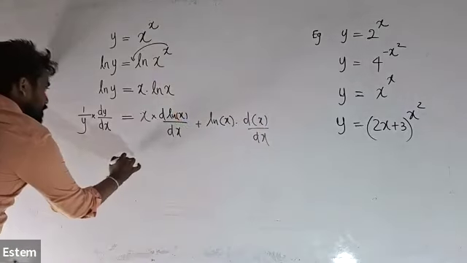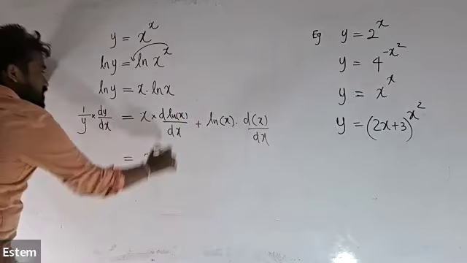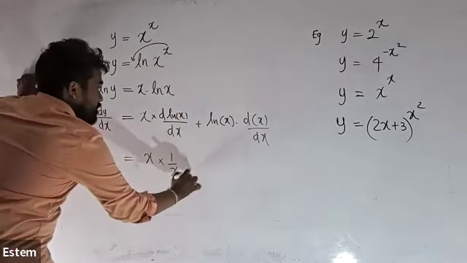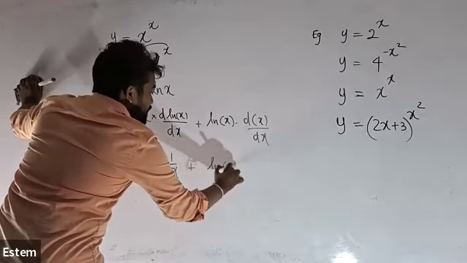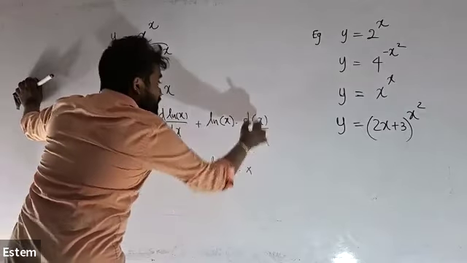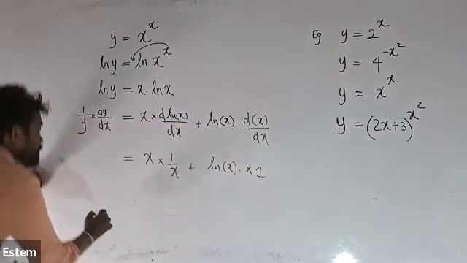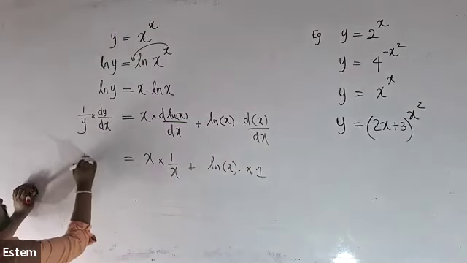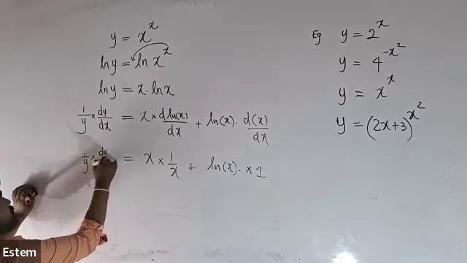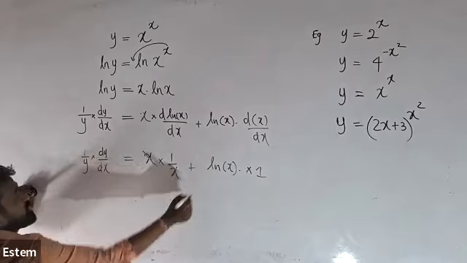Now what's happening? The differentiation of ln x is 1 over x. Now this is ln x, and it should be multiplied with the differentiation of x, which is 1. So now this is 1 over y into dy over dx. The x cancels out.